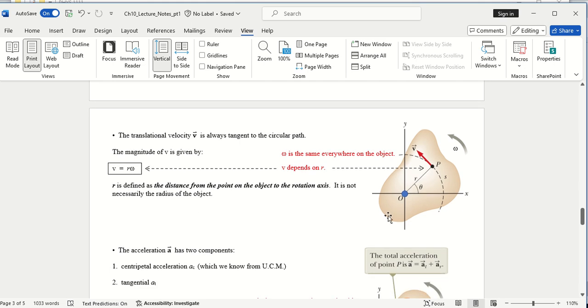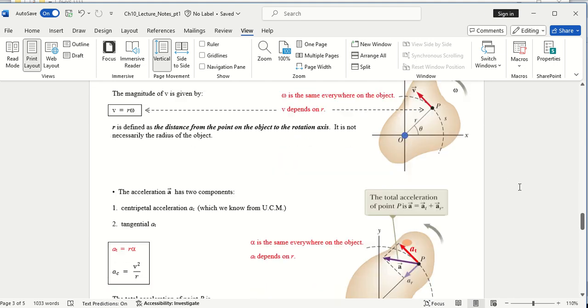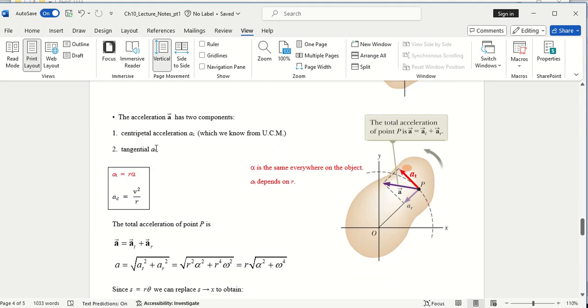Well, that same point on that object will also have an acceleration indicated in this figure. However, the acceleration vector, this purple vector here, will have a radial or centripetal component directed towards the center. We know that from UCM. And it also has a tangential acceleration, AT, indicated by the red arrow.